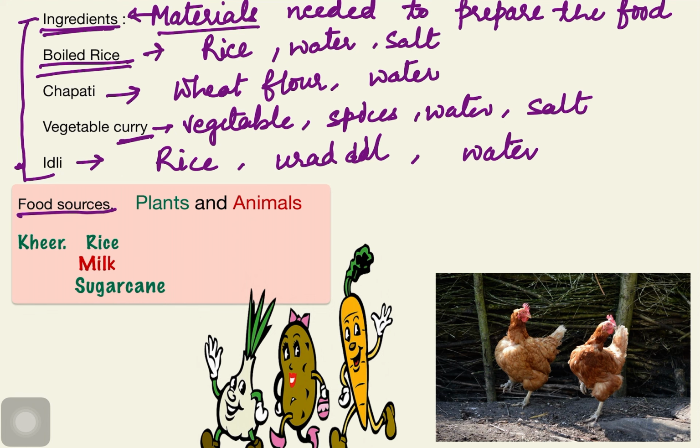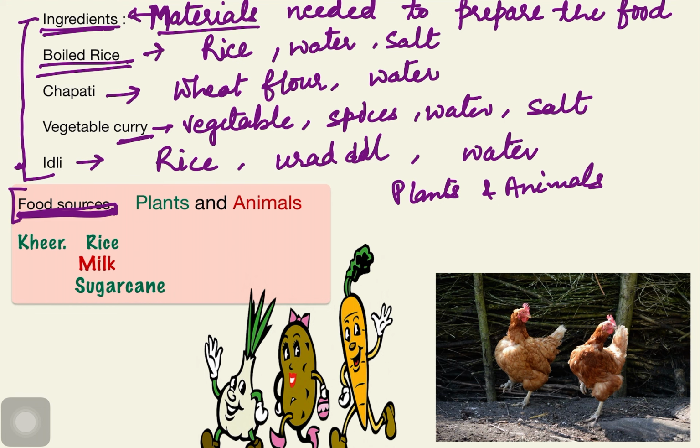So food sources. Now the next heading is food sources. The materials from where we get our food are called food sources. There are mainly two food sources, plants and animals.